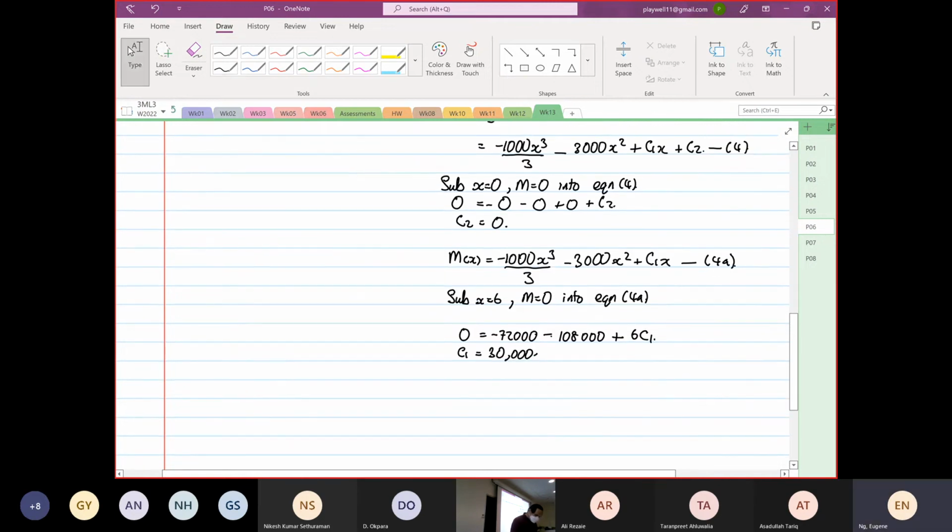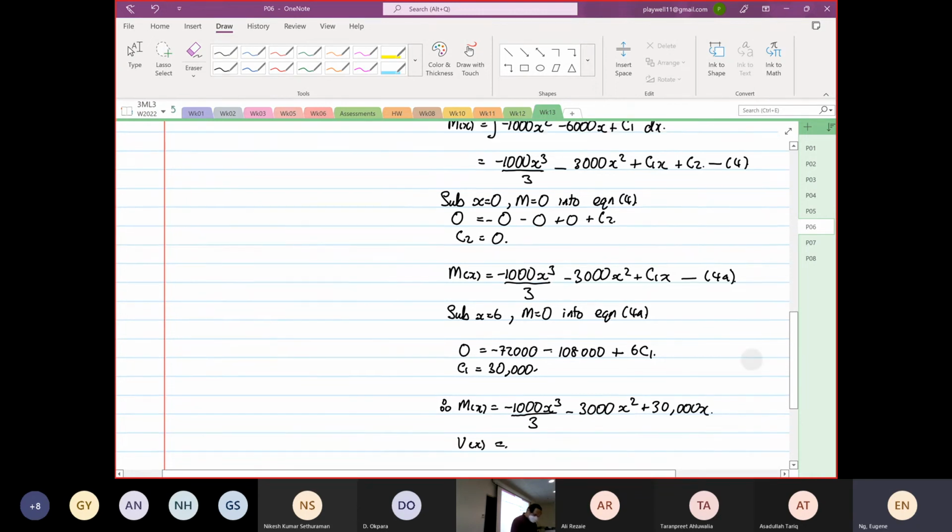Okay, so therefore, moment as a function of x will be equal to minus 1000 x cubed over 3 minus 3000 x squared plus 30,000 x. Okay, so V as a function of x will be equal to what?